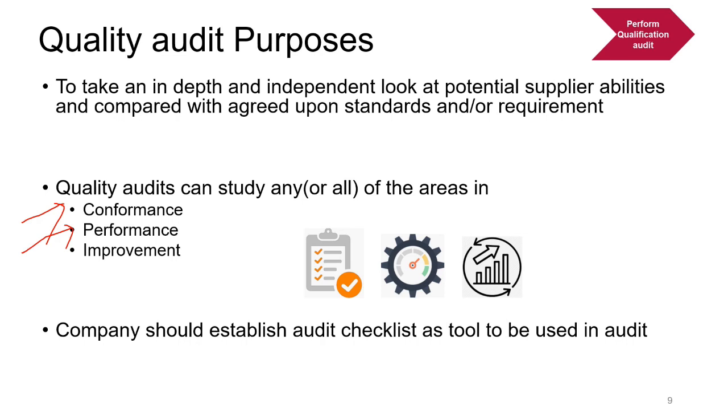In performance, we need to check whether the supplier has the capability to produce the required results by validating the process output. And finally, in improvement, we should look at the supplier's improvement program: is it effective and functioning well to continuously improve the process?